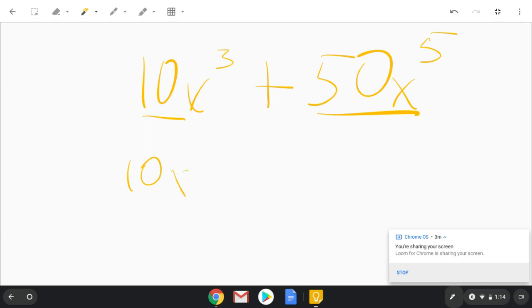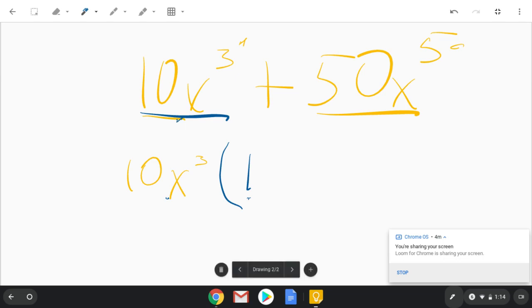Now they both have x's, so I know we're going to be taking out an x, but we're looking for the greatest number of x's that they both have in common. This one has 5, this one has 3, so the most that they have in common is 3. So we're going to be taking out a 10x to the third. Open some parentheses. 10x to the third times 1 will give you 10x to the third.